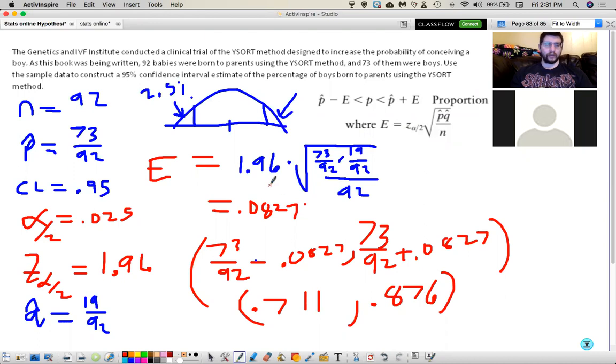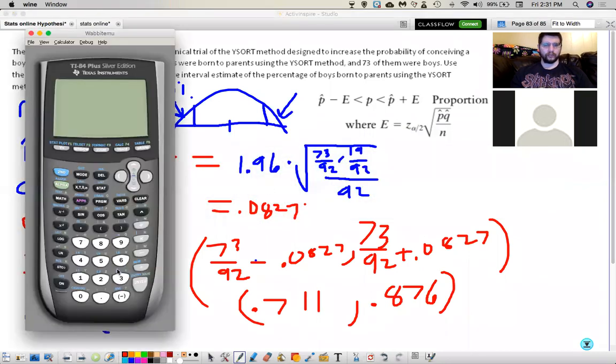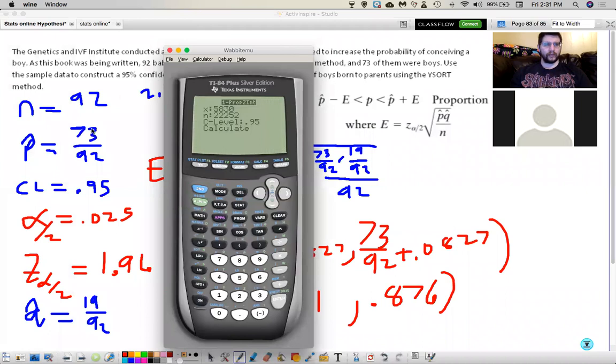So if you're doing it on the TI, you go to stat, test. We need to go down to the P interval. 1 prop Z int, that's A. X, that's the numerator here, 73. 92 for N, confidence level is 95%.